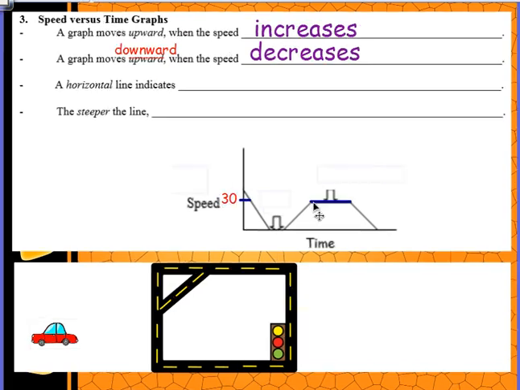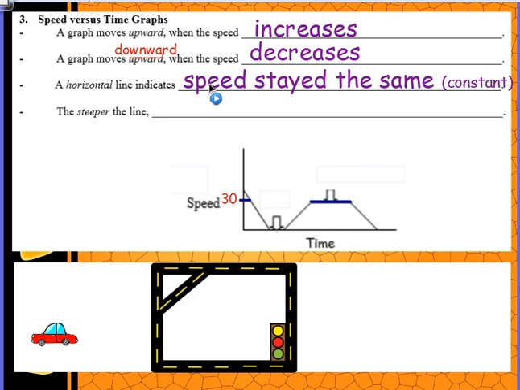So look again, if time is going on, what's happening to the speed? The car is definitely moving because the speed is still remaining at 30 miles per hour. So we would say, similar to before, that the speed stayed the same or the speed is constant. And let's label this line here. Make sure you label constant speed to the second horizontal line here. We'll get to this one in just a moment.